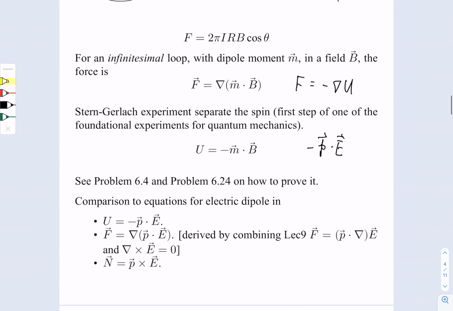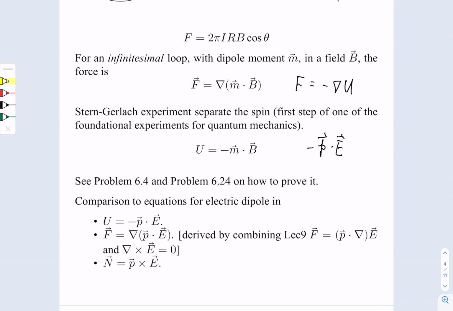Now, if we compare what we get in the electrostatic and magnetostatic cases, all these equations for the potential energy, the force, and the torque are almost equivalent to each other.